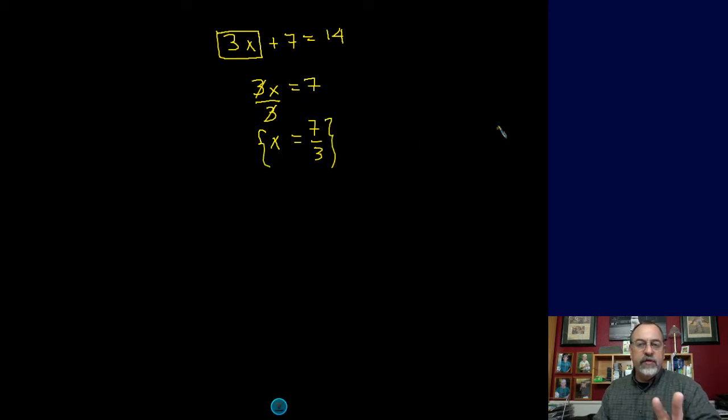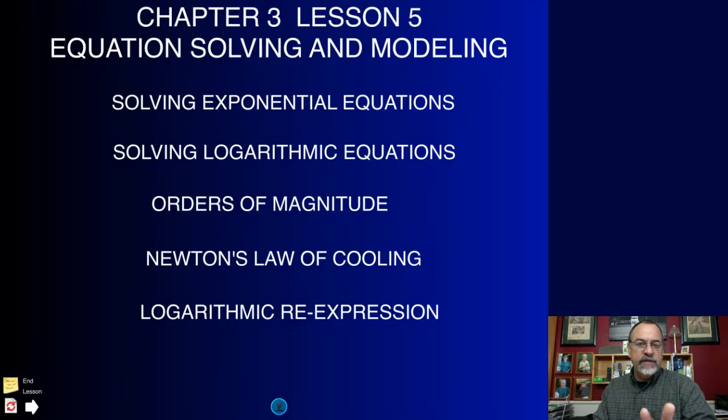So there's two things that we've always done when we're solving equations. The first thing is we isolate the term that has the variable that we're solving for. The second thing is we do the inverse operation to determine the value of the variable.